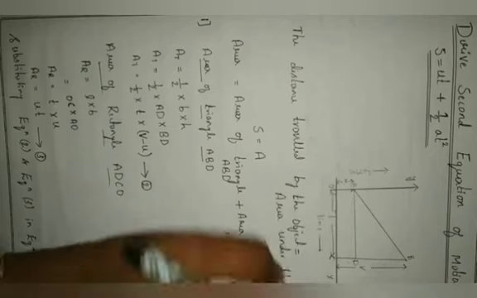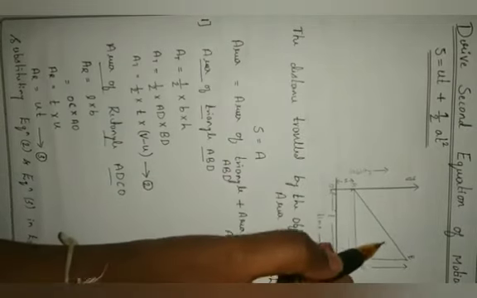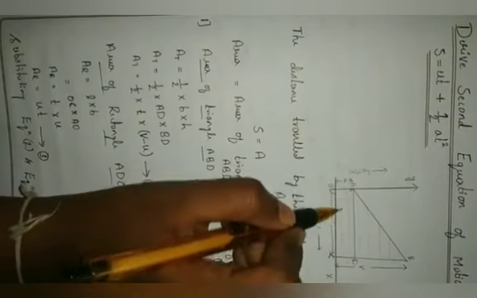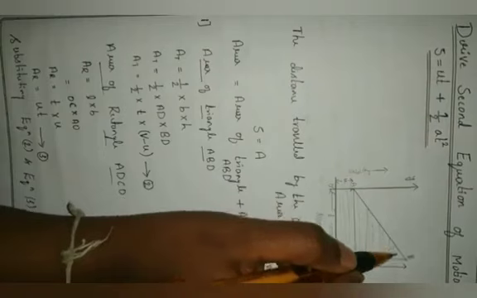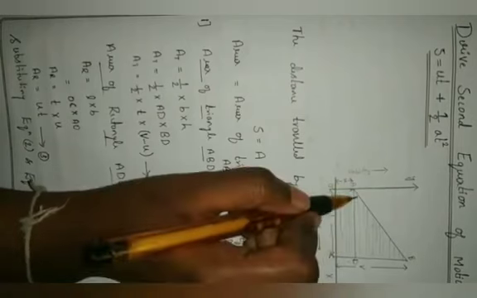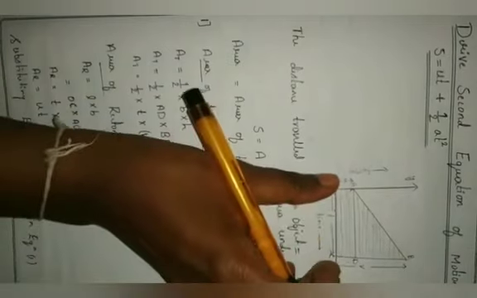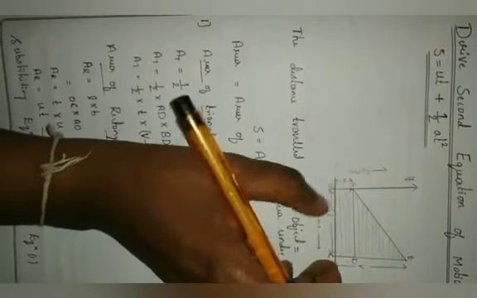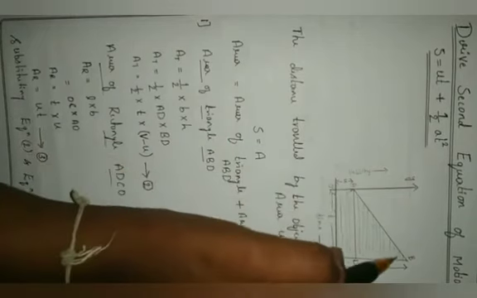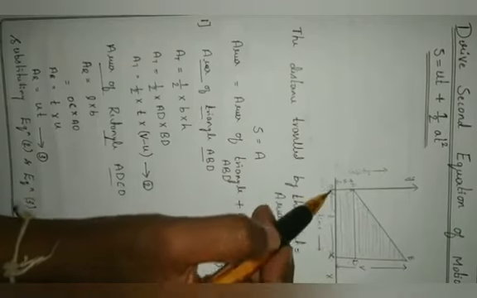How to find out the area under the graph? This will be the area we have to find out. This complete area is divided into a triangle and a rectangle. If we find the area of the triangle and the area of the rectangle and add both, we will get the area under the graph ABCO.